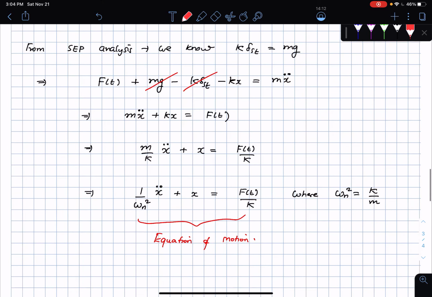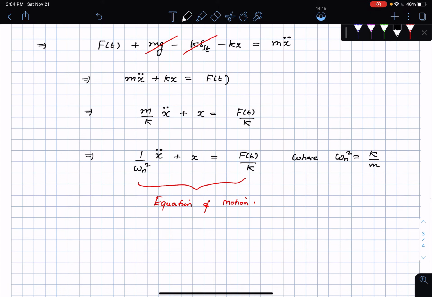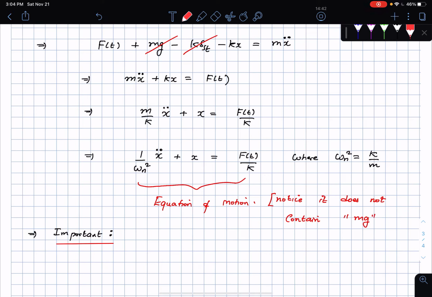Okay, so here is the basic summary of what we want to say. When a mass moves in a vertical direction, this is an important point. You see that this equation of motion does not contain the term mg, or the weight of the mass.